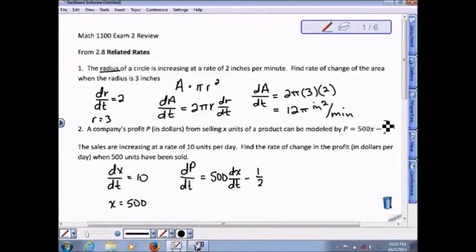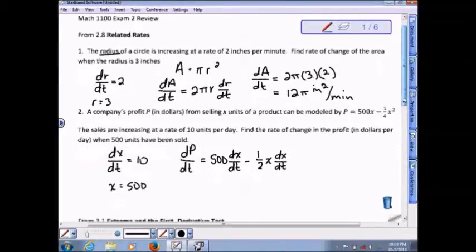Now the 2 as an exponent is going to drop down in front and multiply 1/4, 2 times 1/4, where the 1/2 came from, times x dx/dt. Now we can factor out a dx/dt from the expression. That's going to be 500 minus 1/2 x.